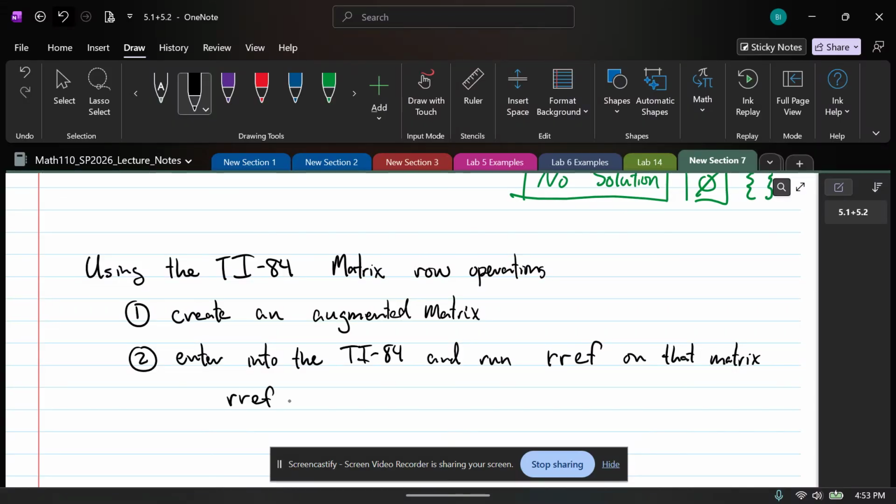RREF stands for reduced row echelon form. Not that you have to know that, but it helps you remember those letters. Reduced row echelon form is what that stands for. Okay.